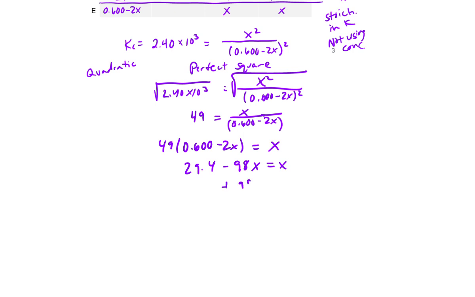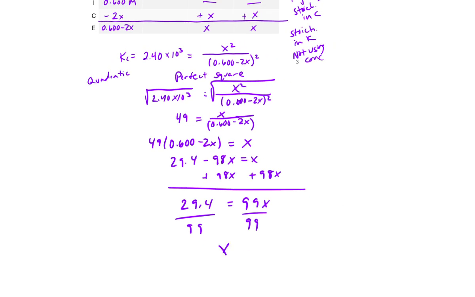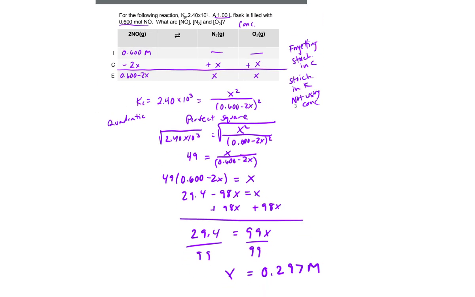So we're going to add 98x to both sides. 29.4 equals 99x. Divide both sides by 99 to solve for x. And we'll get x equals 0.297 moles per liter. We're not quite done yet. But are there questions on that algebra?